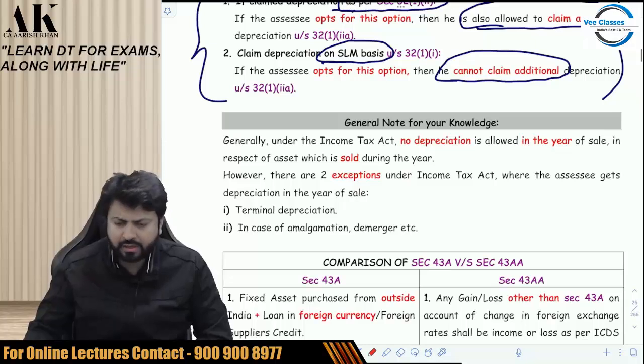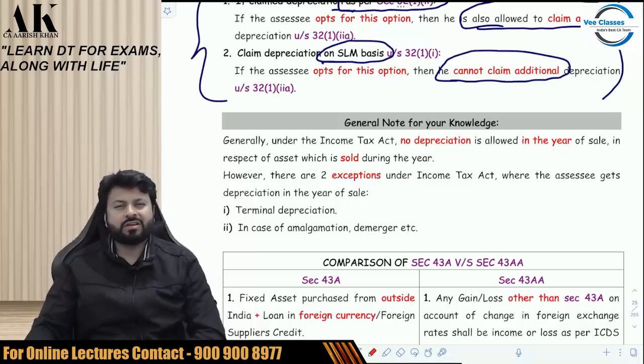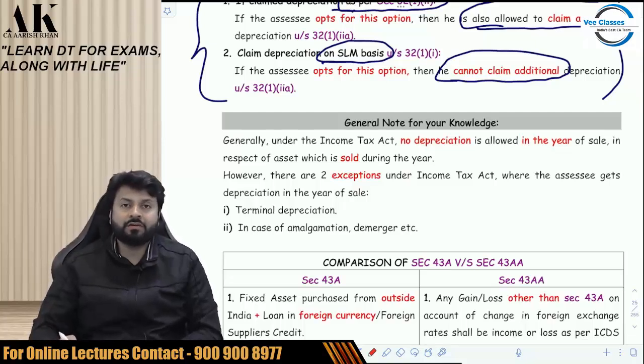So there is one general note over here. I would like to just tell you all about that. What happens by default in income tax law: in the year of sale, we do not get depreciation. But there are two exceptions. Sir, why is there no depreciation in the year of sale?